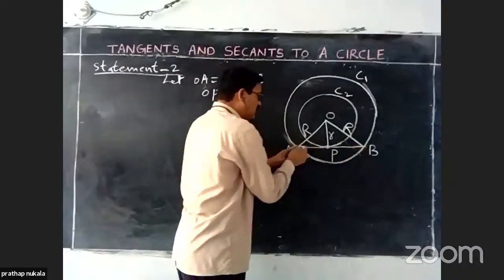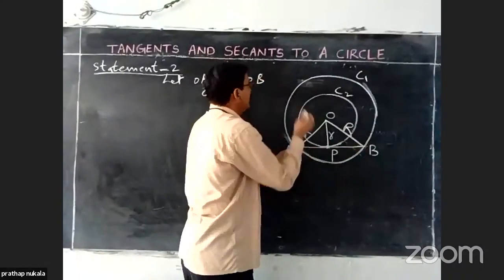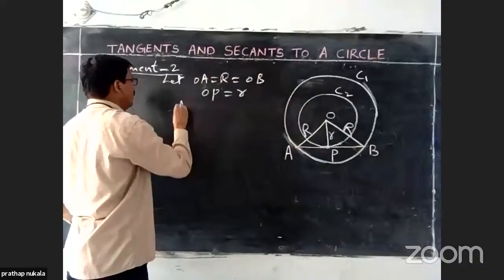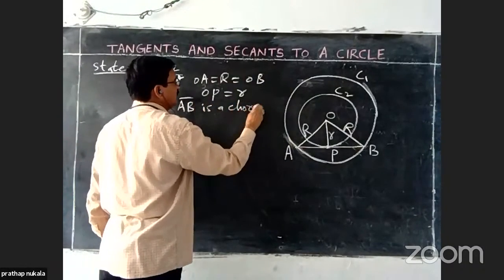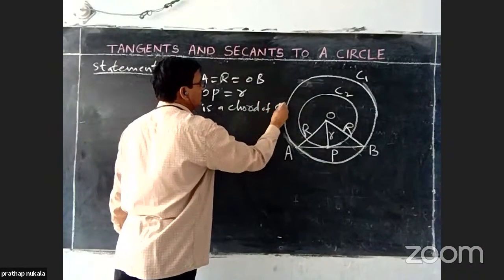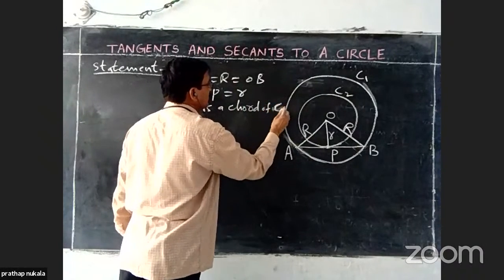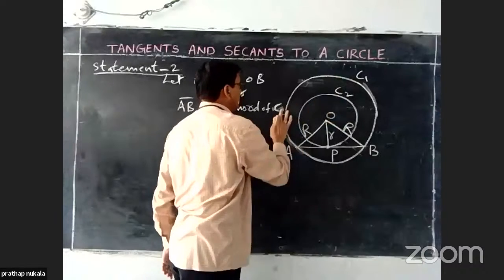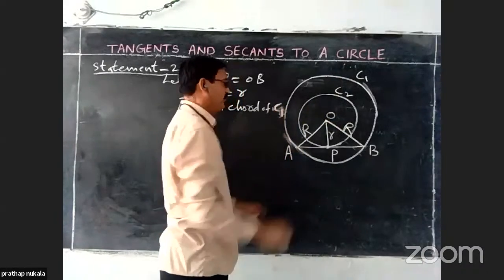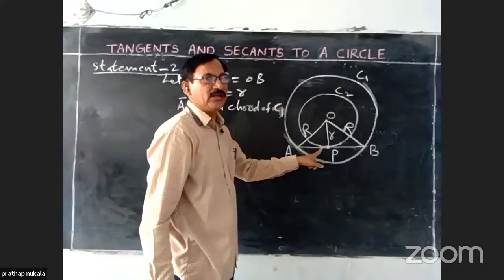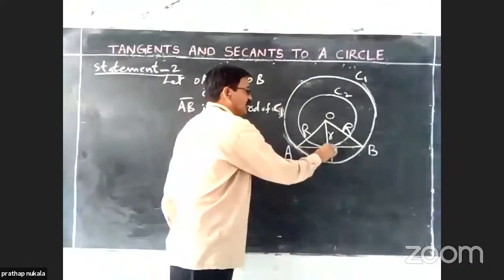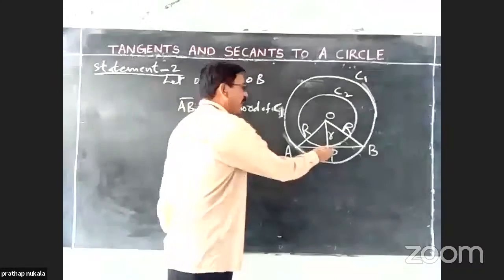Now we have to prove this. AB is a chord of the bigger circle C1. It is bisected at the point of contact.